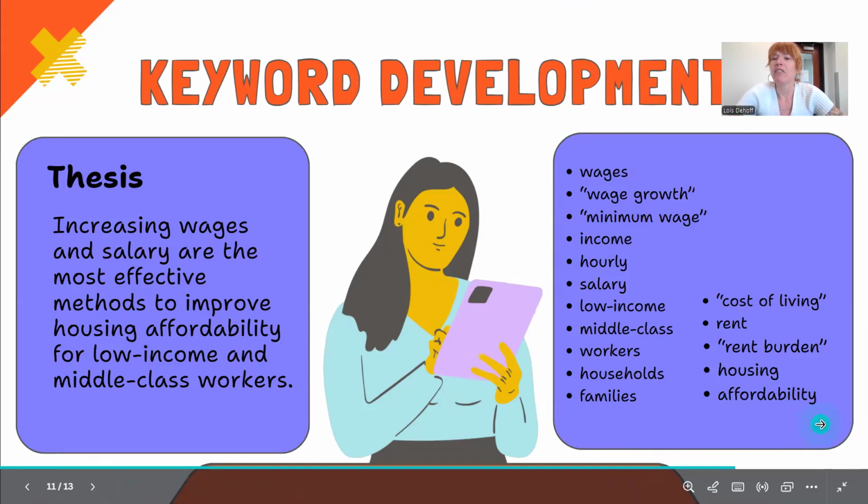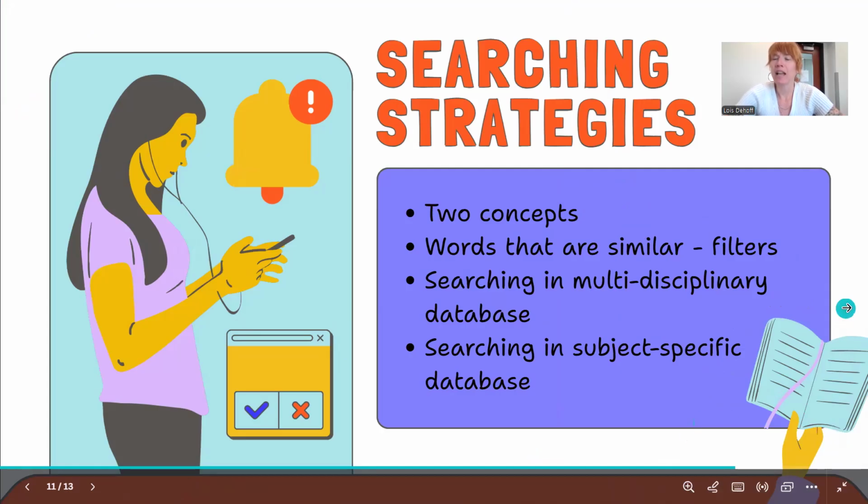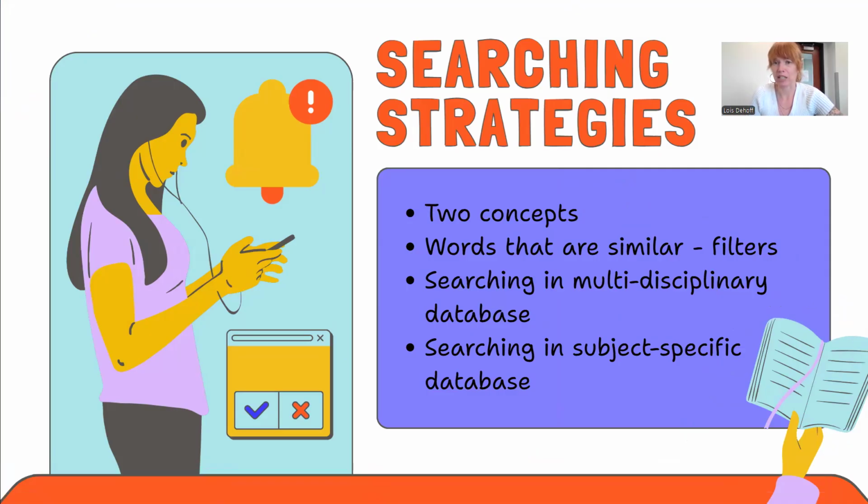And now once I have my keyword searches, the final thing I'm doing is thinking about my searching strategies. And so what I'm going to demo next is how to take these words and apply them to different databases to get different results. We're going to first look at two sets of words and start with Discover and see what kind of results we get.